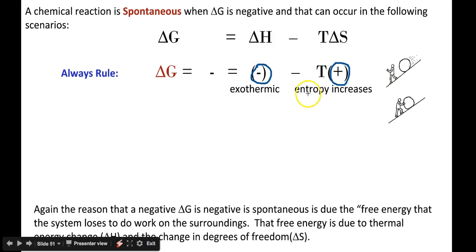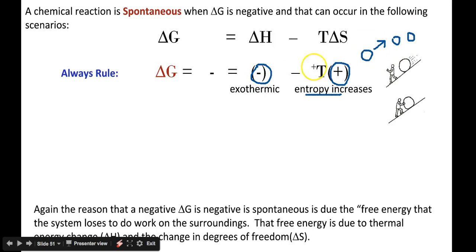Now what's increasing for entropy? Well, the molecules might be going from one species in the reaction breaking apart into two pieces. Let's say hydrochloric acid becomes H plus and Cl negative. So the entropy is increasing by one thing breaking apart into two. You have more degrees of freedom.